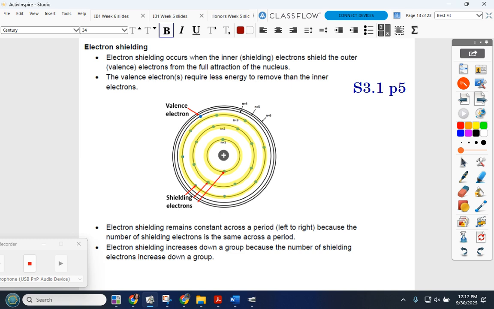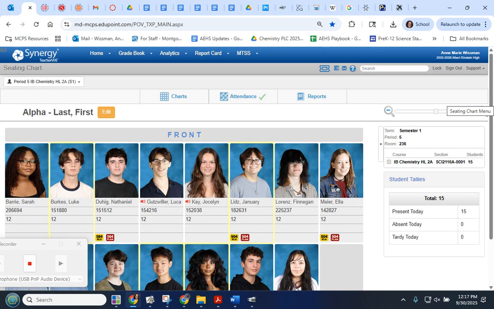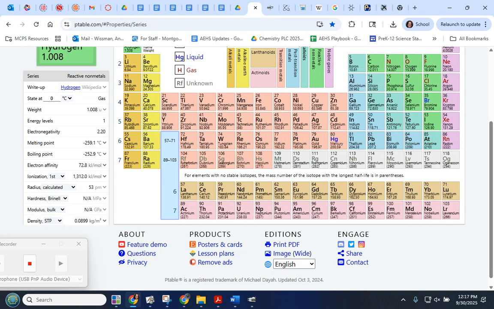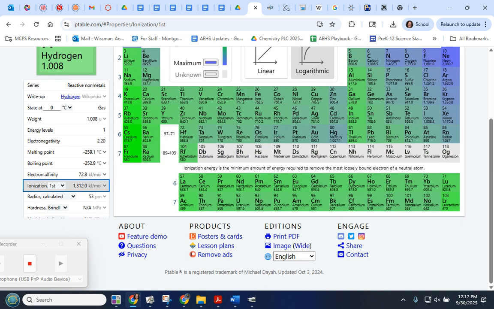And we can actually look at that on the best website on the internet if we want to. In fact, let's just do that because we're talking about it. Now I have it up. So let's use ionization energy real quick.